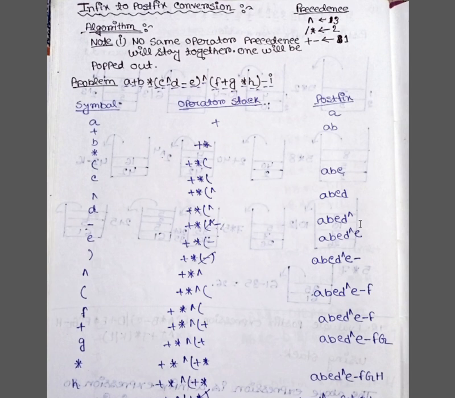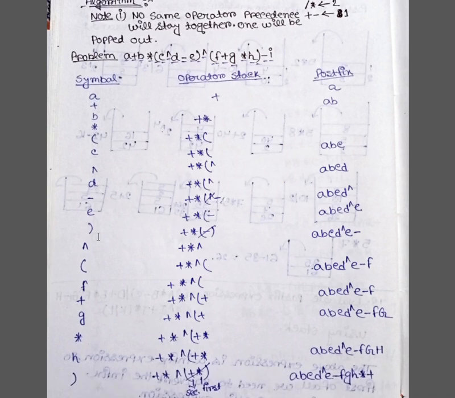And then this E came and goes straight here. Then this bracket came, and this bracket goes here as it is an operator, and as the bracket closes, the operators present inside this bracket will be popped out. So the minus operator is present inside this bracket, so it will be popped out from this stack and goes straight here.